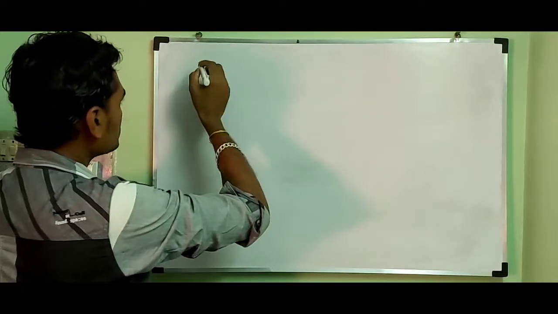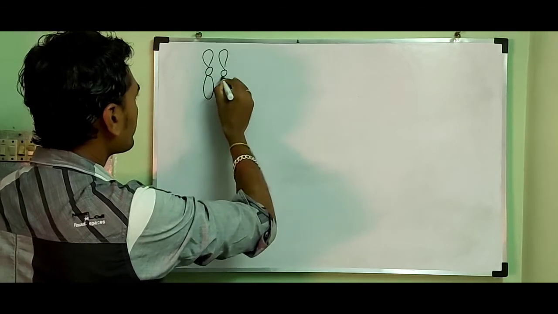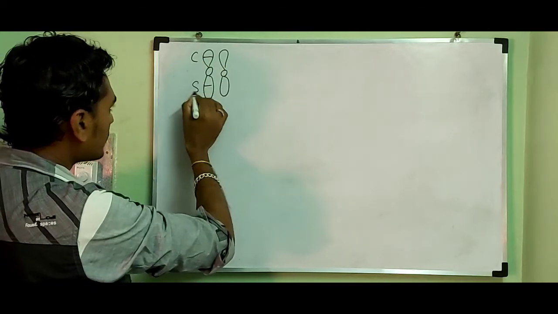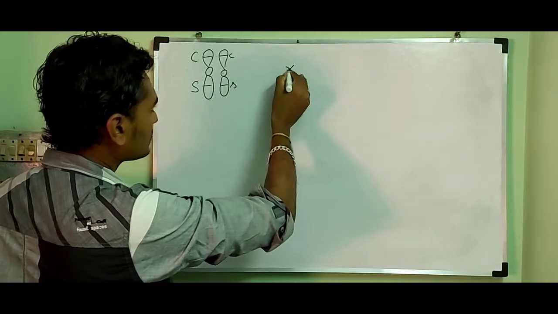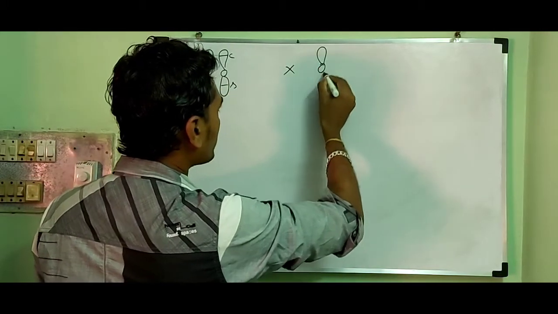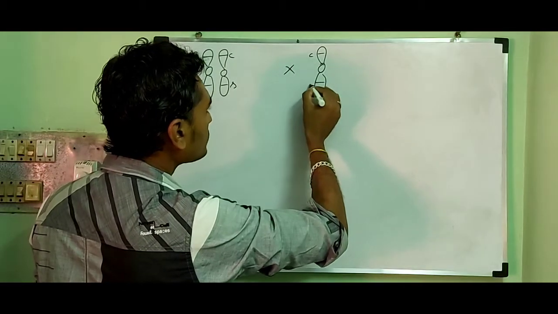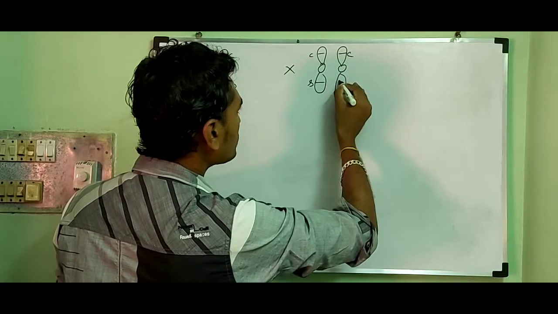So the genotype of the heterozygous dominant parent is capital C, capital S, small c, small s, crossed with the double recessive parent having the genotype small c, small s, small c, small s.